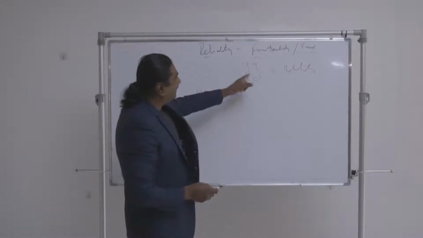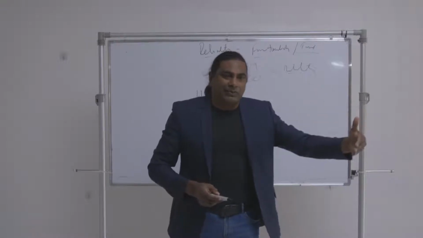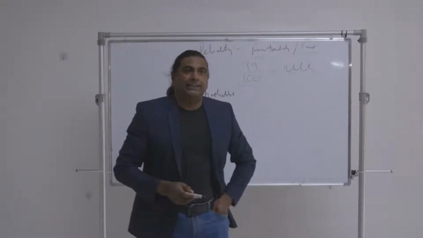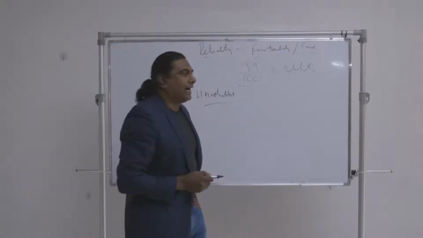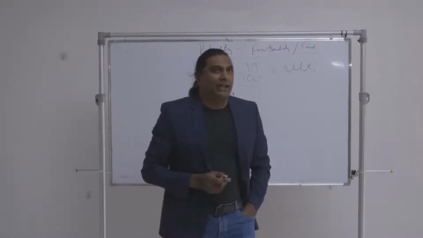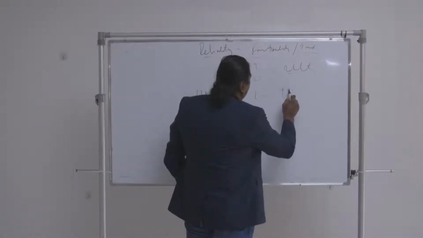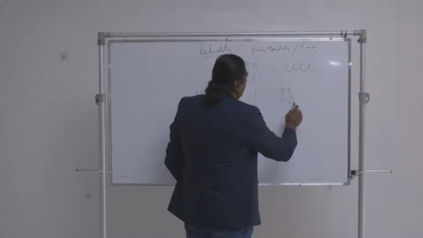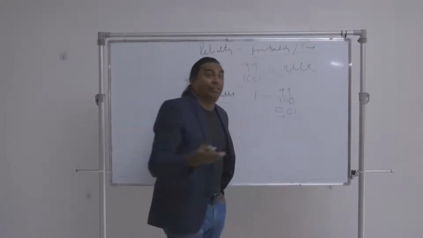So if your reliability is 99 out of 100, you get it right 99 out of 100 times. What's your unreliability? 1 out of 100. Not quite. Well, right, okay. It's 1 minus 99 over 100, which is equal to 0.01, which is 1 over 100.